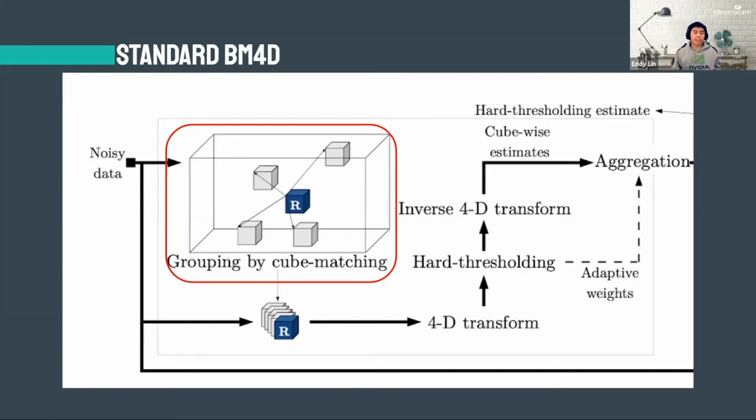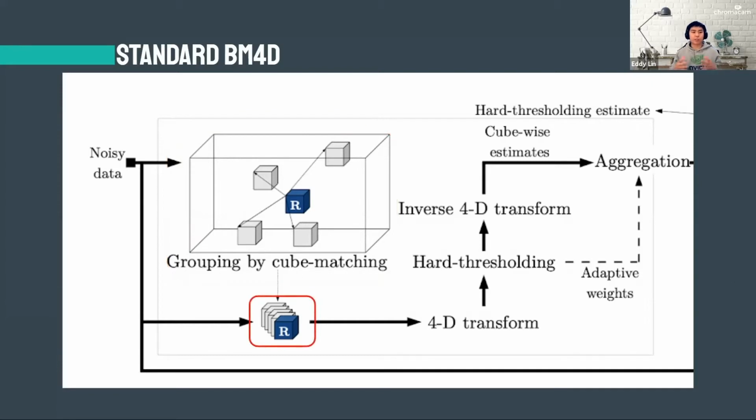The answer is yes, that usually is the case. So we take that reference and see whether any other patch or small cube looks like it. If so, we gather it into a stack, a 4D array, hence the 4 in BM4D.